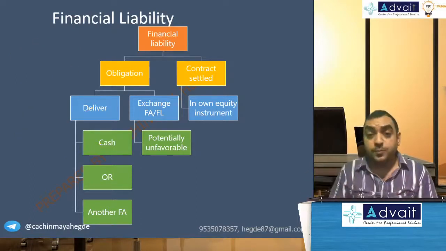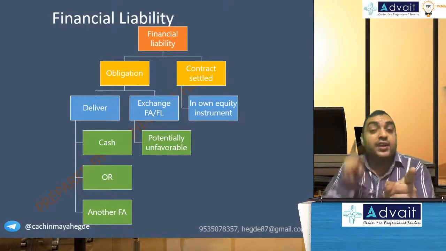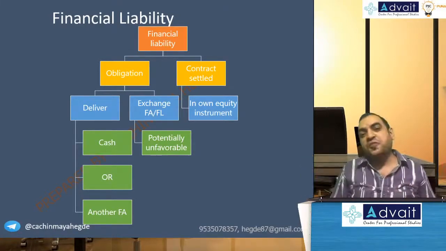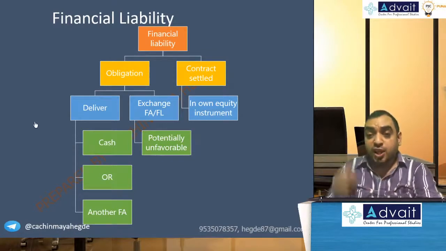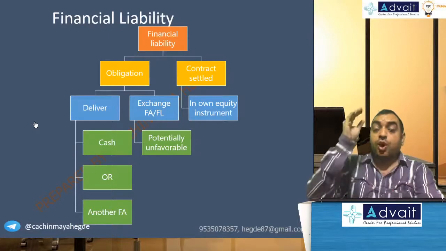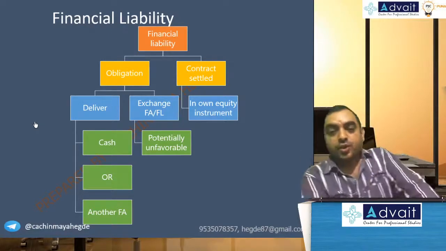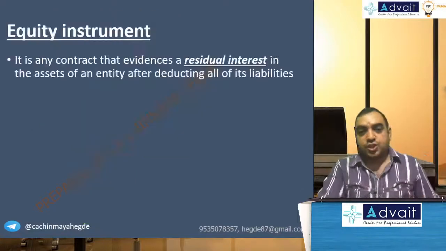Putting it the other way around, outstanding salary is a financial liability, advance salary is not a financial asset. The settlement has to happen, or the obligation or the right should be in cash. Okay, this is regarding financial liability.